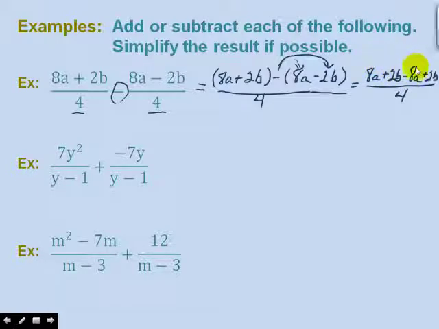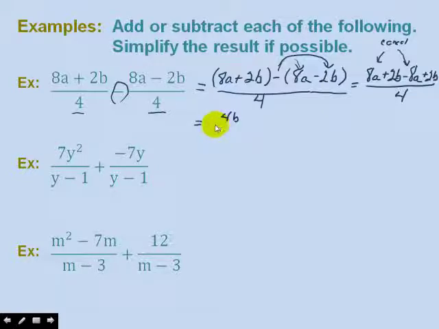Now all we have to do in our numerator is combine like terms. So we have the 8a here and the negative 8a, and those will cancel each other out. And then we have a plus 2b here and another plus 2b.